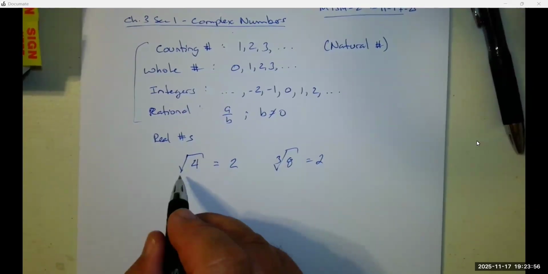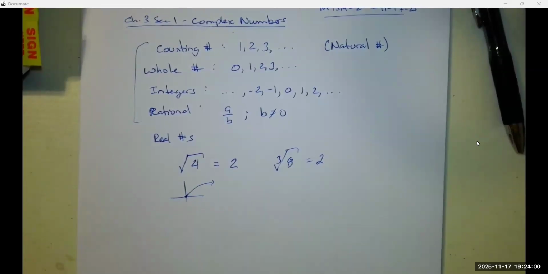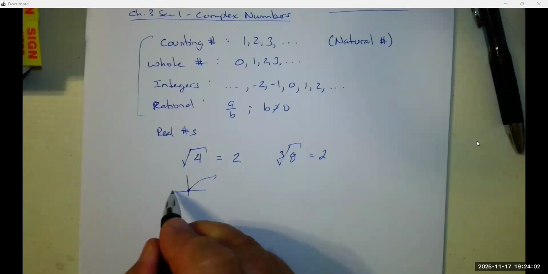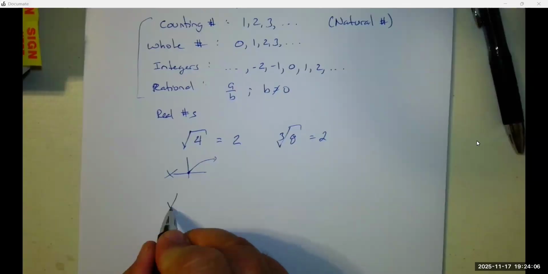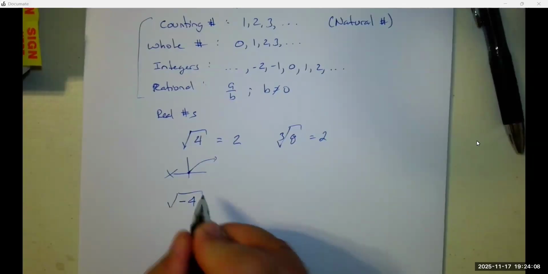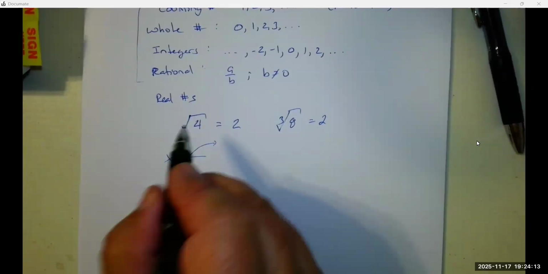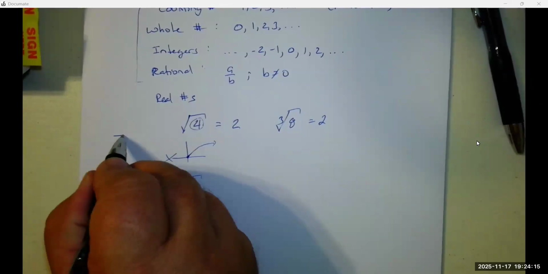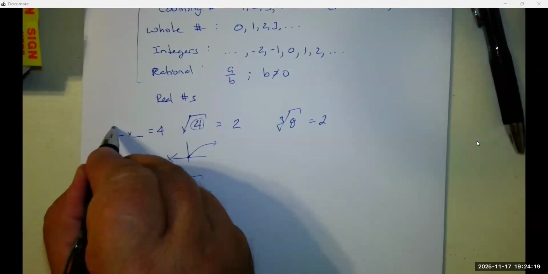But we know from our graph of the square root, the radical, we cannot use negative numbers. The reason for that is because, give me two numbers that multiply to equal 4. 2 times 2.